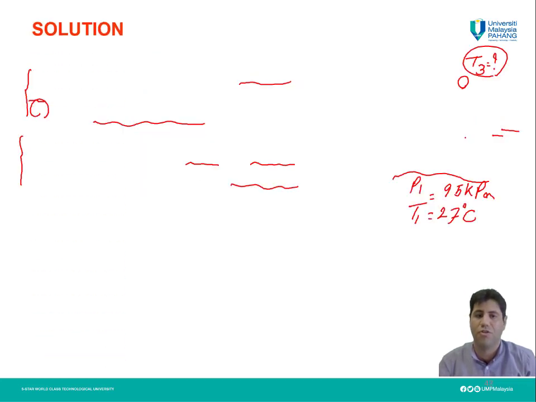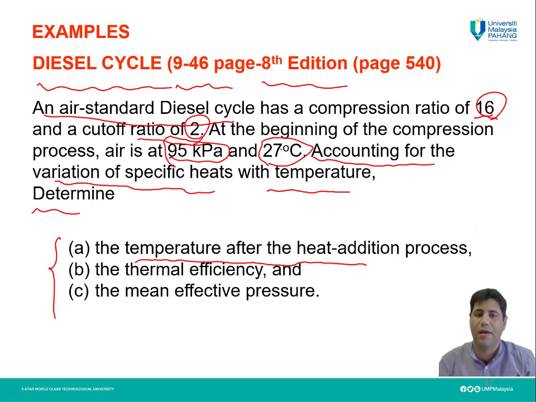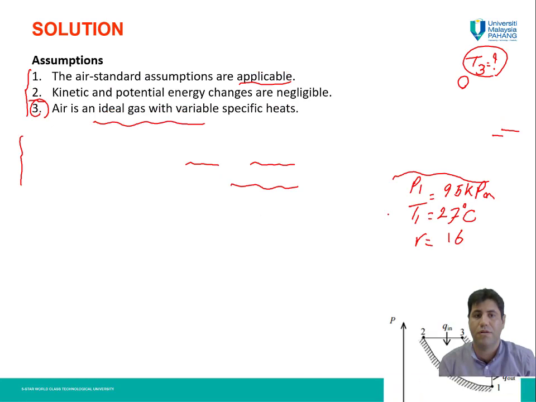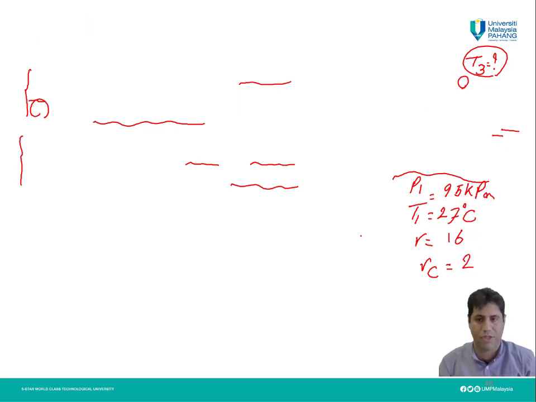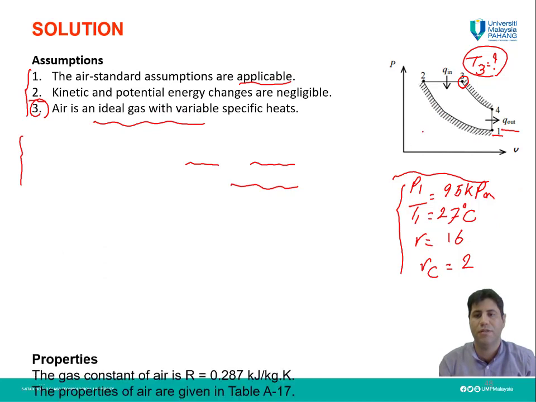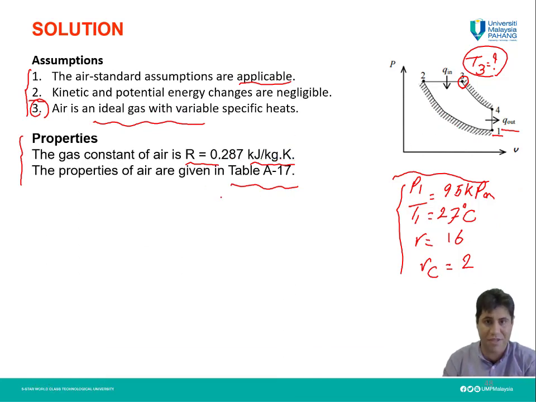We show that by r equals 16, and the cutoff ratio, which we show by rc, is equal to 2, which you can see is given. So we have this information, our assumptions, the graph, and properties. Now let's see how we can use this information to find T3.